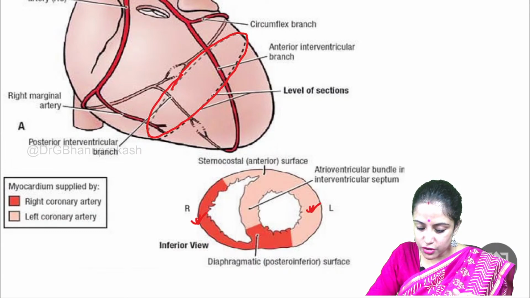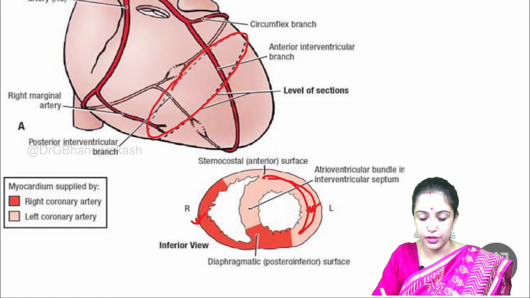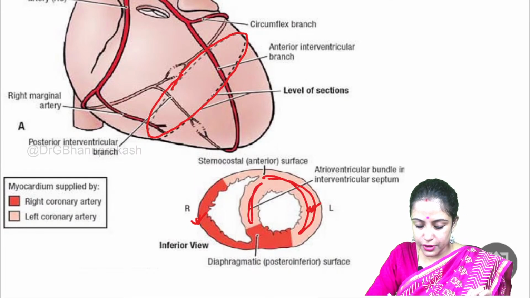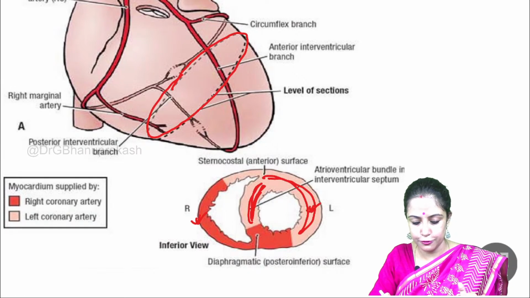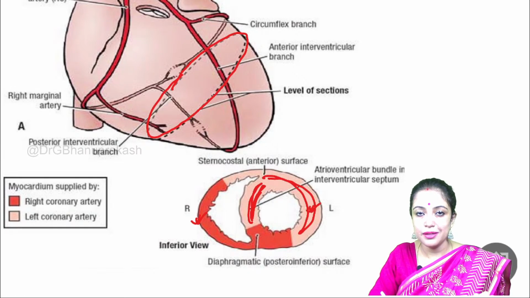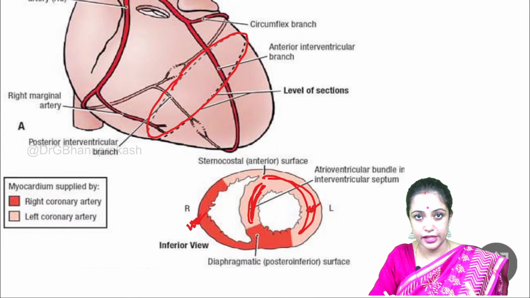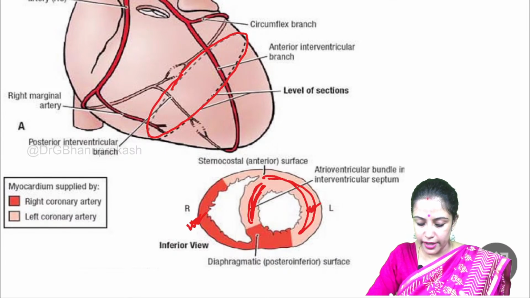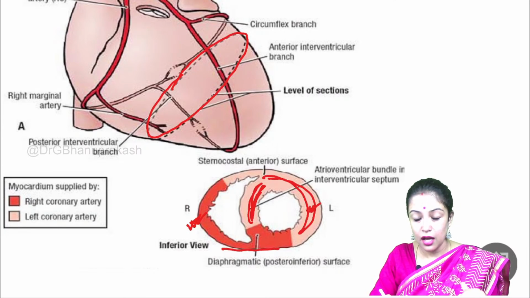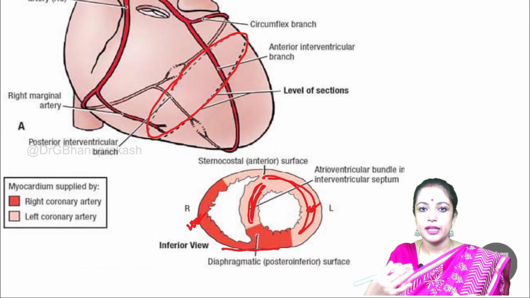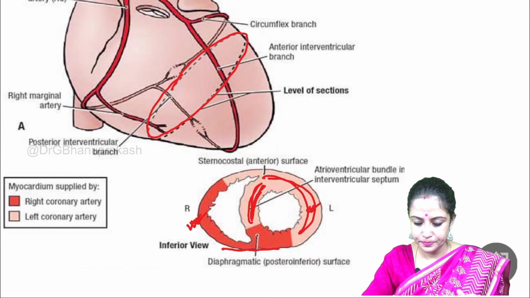So we can see that the majority of the left ventricle and part of the right ventricle, as well as most of the septum, the anterior portion of the septum, is supplied by the left coronary, whereas the right coronary mainly supplies the lateral aspect of the right ventricle, that is the free wall of the right ventricle, and it also supplies the inferior aspect or the diaphragmatic surface of the heart. So this is about the blood supply of the heart in short.